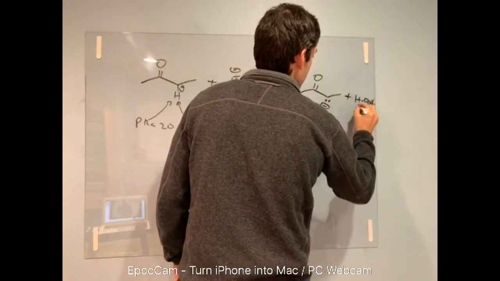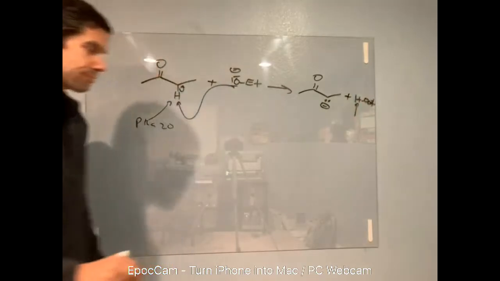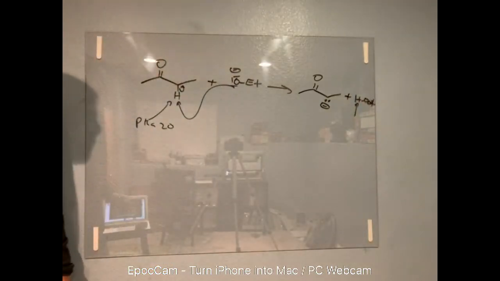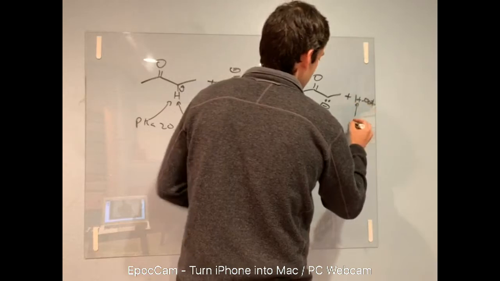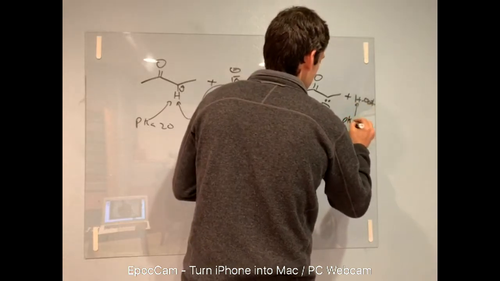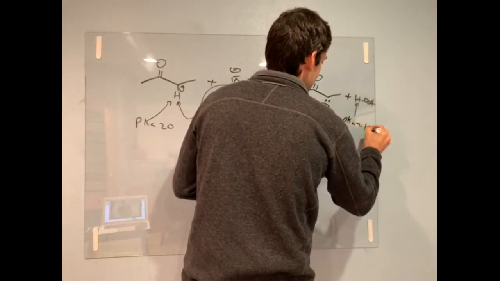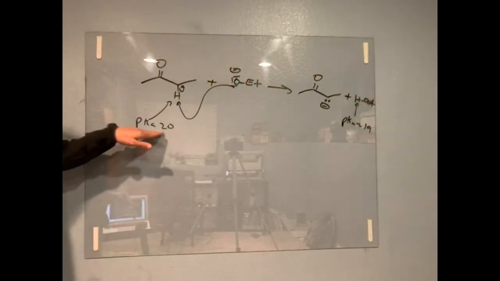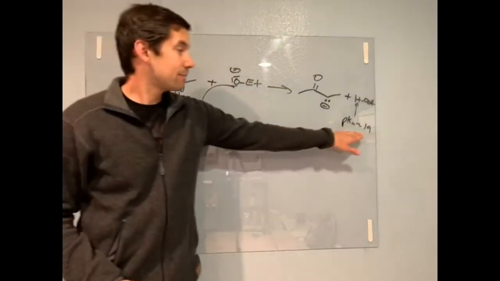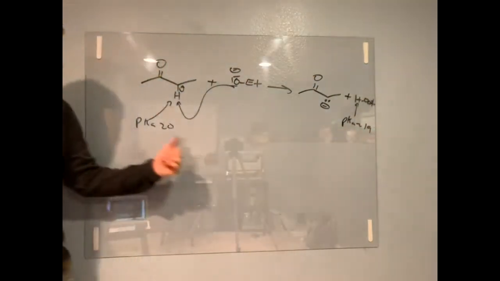okay? Now, look at this one, pKa. What's the pKa of that alcohol there, right? We've made an alcohol now, HOEt. This pKa is going to be what? It's actually about 19, right? So it's actually fairly close to our pKa value of this one here, right? It's actually a little bit more acidic than this pKa here.